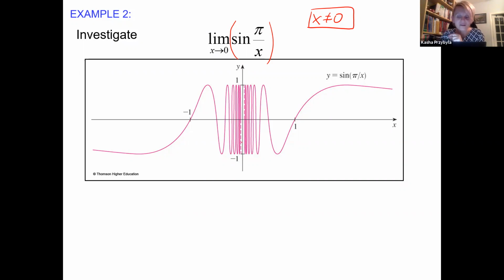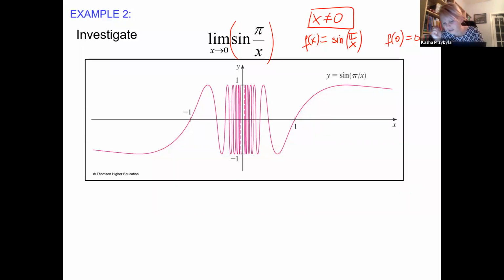But what is happening at 0? We definitely have no value. This function f of x defined as sine pi over x is not defined at 0. The value at 0 doesn't exist. But we can still try to find the limit because we can look at how the function behaves.